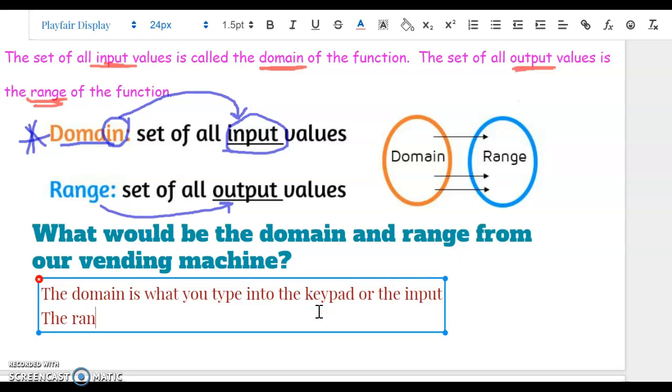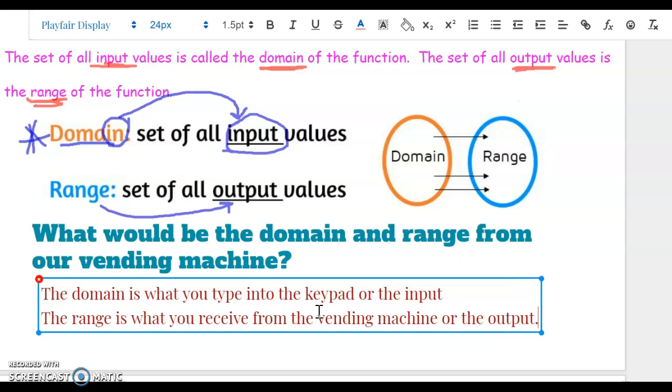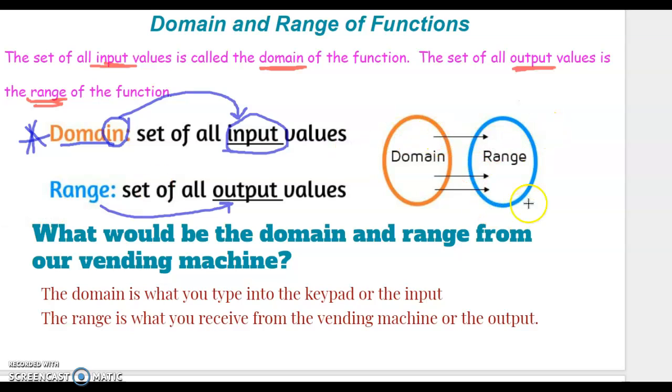The range is what you receive from the vending machine, or the output. So the input or the domain would be the code that I would punch in, and the output or the range would be whatever I get as my snack. And remember, the domain is still always written first, and then the range comes second with arrows going from one to the next.